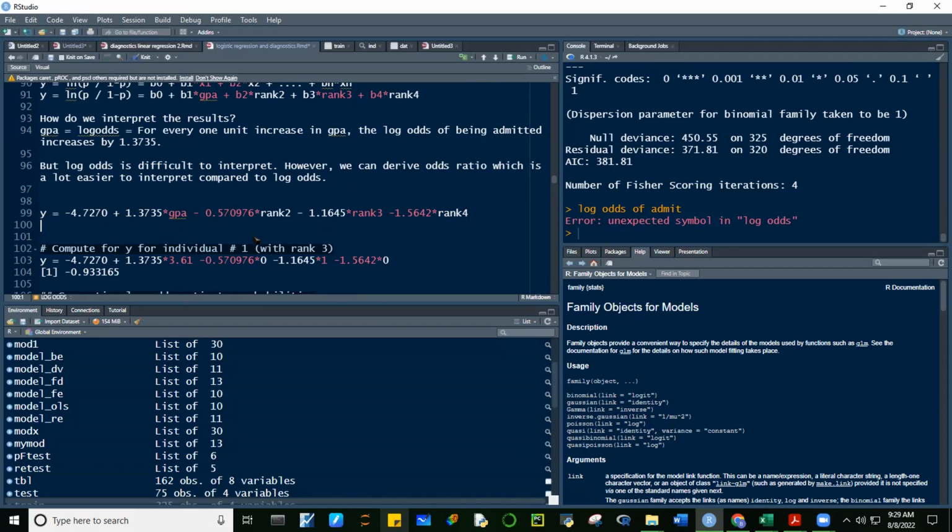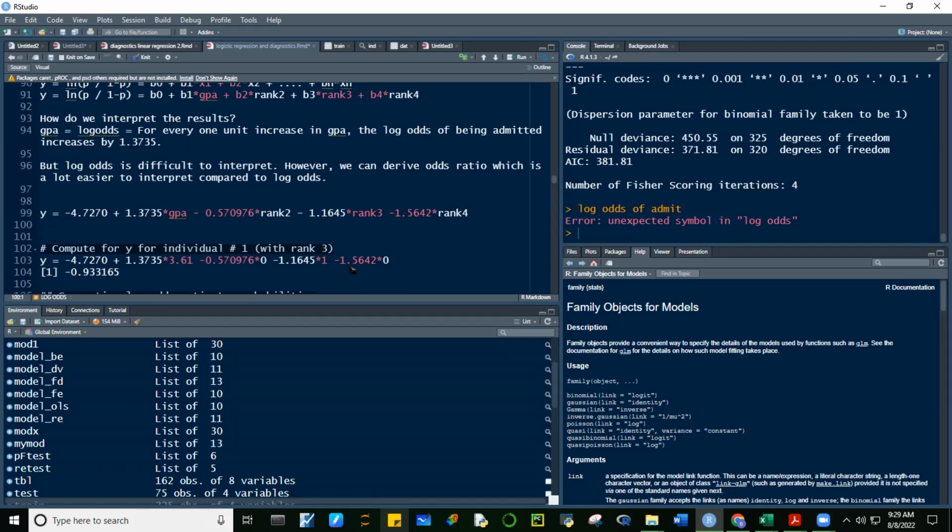Saan galing yung number niya? Negative 4.72 plus ano?